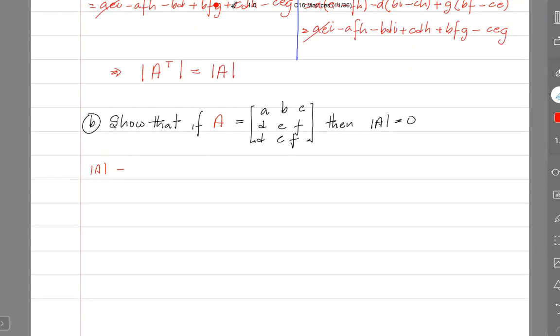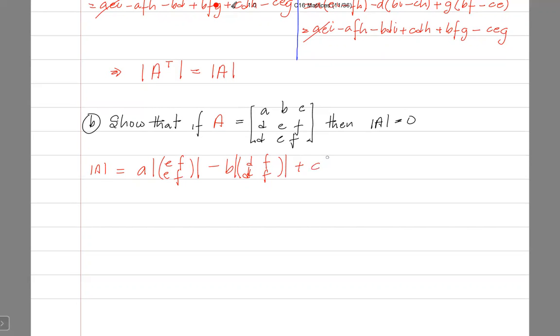So let's find the determinant of A. It would be A times the determinant of E, F, E, F, minus B times the determinant of D, F, D, F, plus C times the determinant of D, E, D, E. All right.